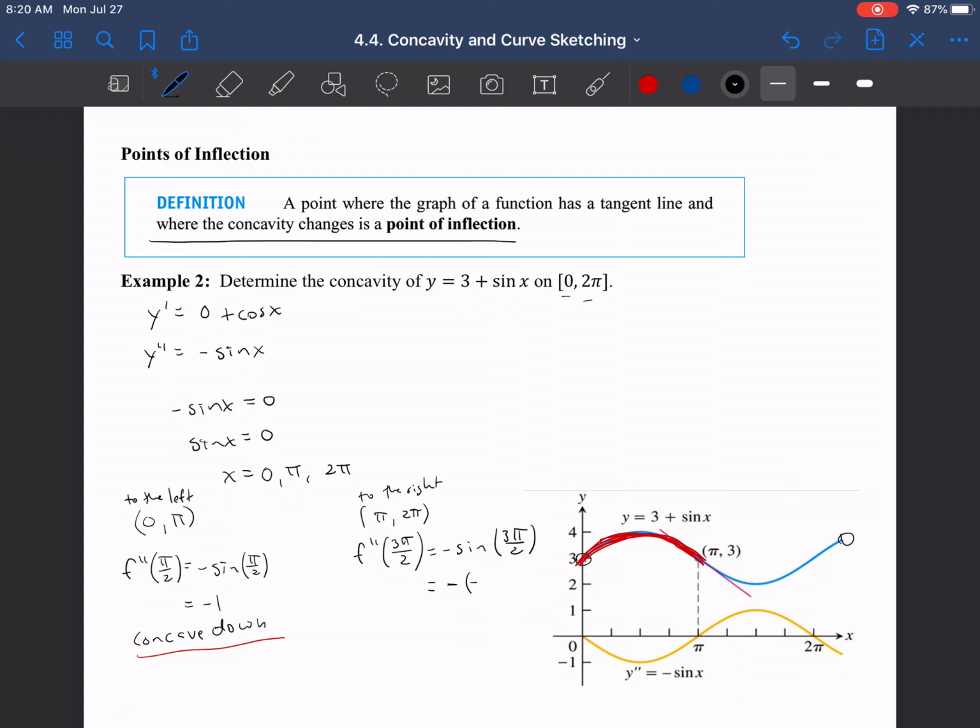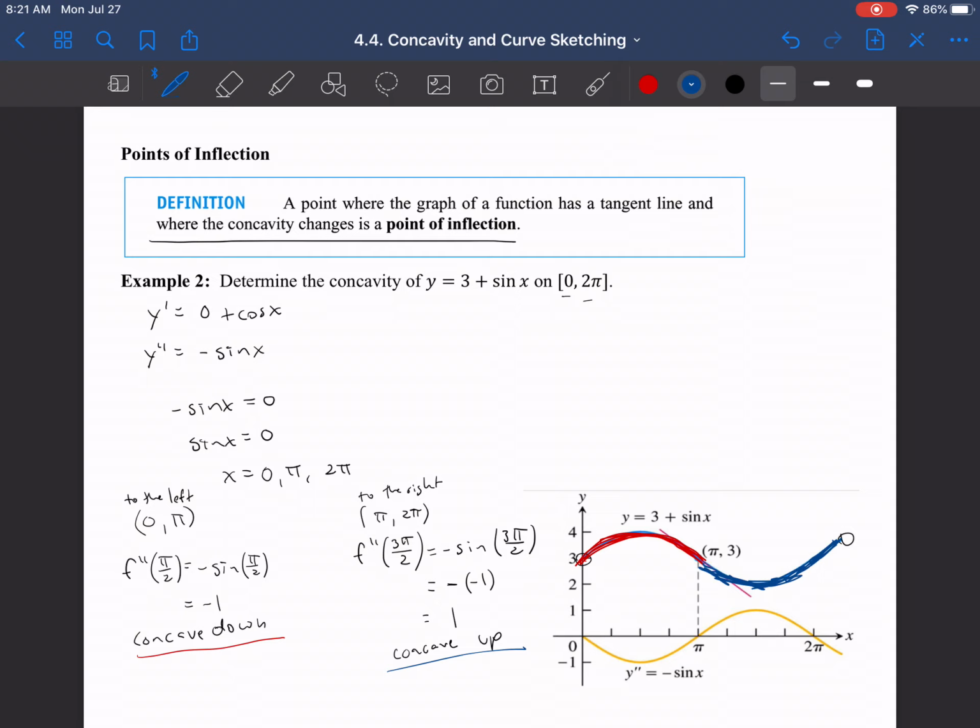So this is negative of negative 1, which is just positive 1, which is concave up. And I'll do that one here in blue. That's this one. And that's this whole area right in here. Okay? So those are our two areas right there, and that is all concave up during that little interval.